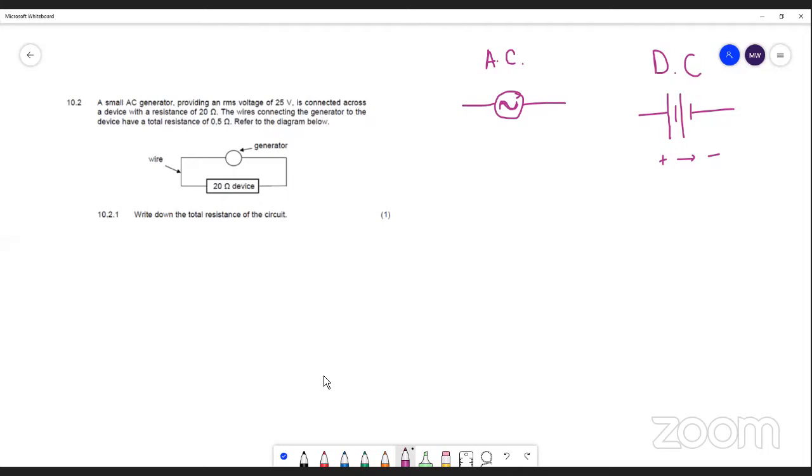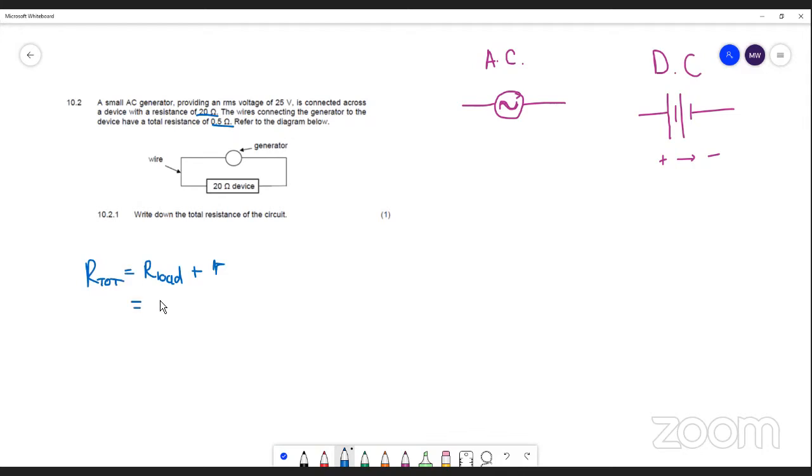Okay, so they were asking us to get the total resistance of this circuit. Total resistance means that your internal resistance plus your load resistance. So R load, which is your device, plus your little r, your internal resistance, is equal to R total.